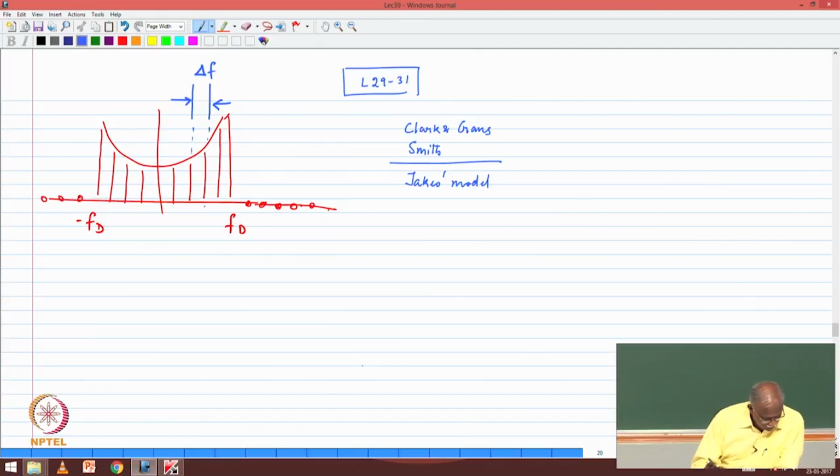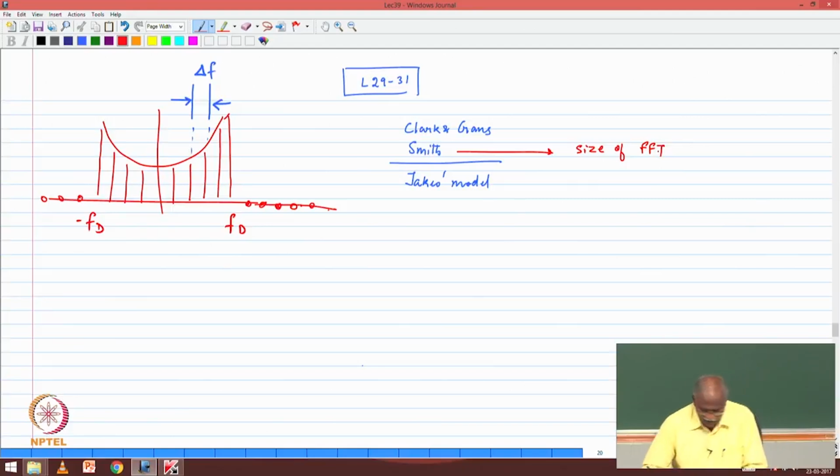So the Smith model basically had to deal with the size of the FFT. That was an important element that would come out, and the size of the FFT depended on two parameters. One was delta F, the frequency resolution that you wanted for the Doppler spectra. The other one was not in our control. It was basically the sampling frequency of the signal that you were trying to generate.